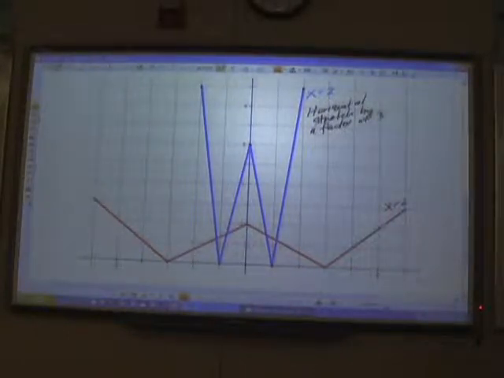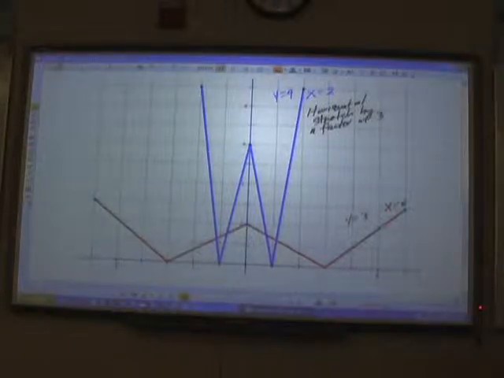Also notice that with our pre-image, or blue line, the y value here is equal to 9. Our image, the y value here is equal to 3. It's easy to see that we have a vertical compression or a vertical shrink.